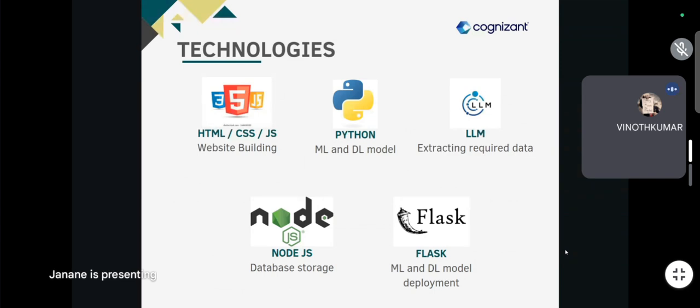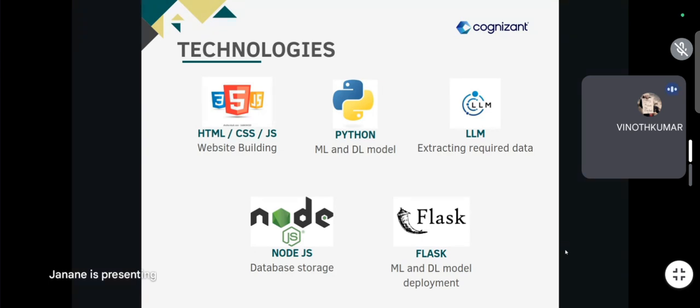Then secondly, we have used Python for machine learning and deep learning models. Python is used to develop and train ML and DL models that analyze claims data to detect potential fraud. It is used to train on historical claim data to classify incoming claims as fraudulent or non-fraudulent.